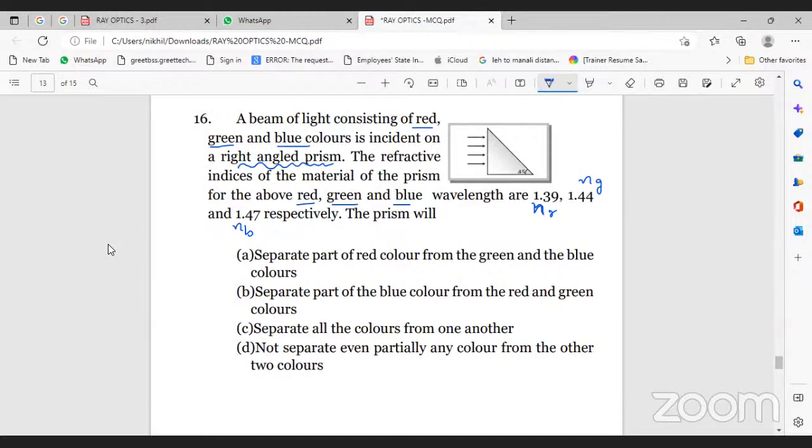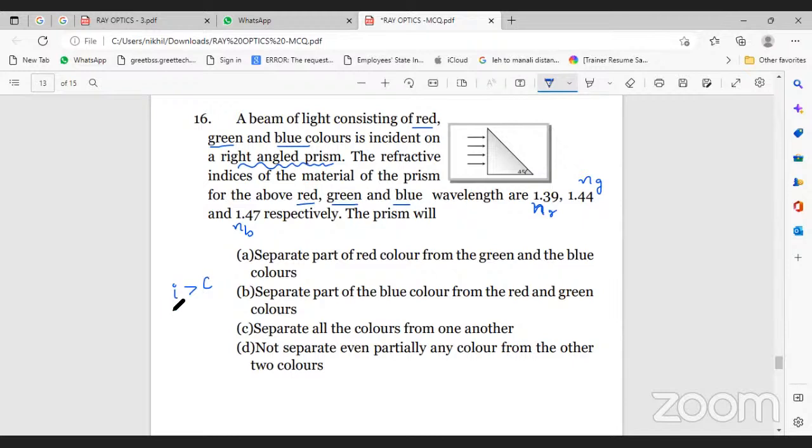Suppose a ray is undergoing total internal reflection; the angle of incidence must be more than the critical angle.